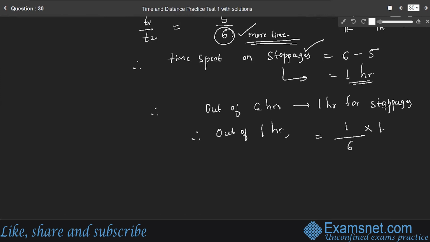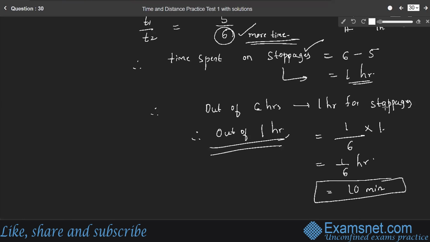So 1/6 hour is for stoppages. 1/6 hour means 1/6 part of an hour. How many minutes? 60/6, which is 10 minutes. So in 1 hour, the time spent on stoppages is 10 minutes.